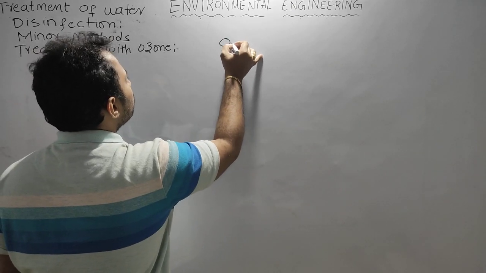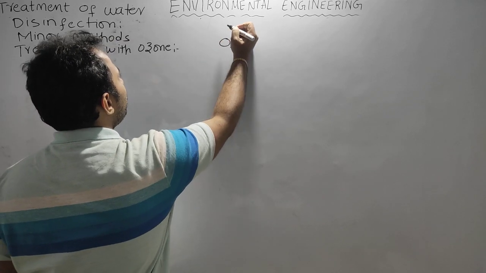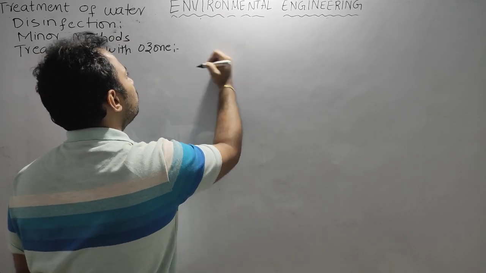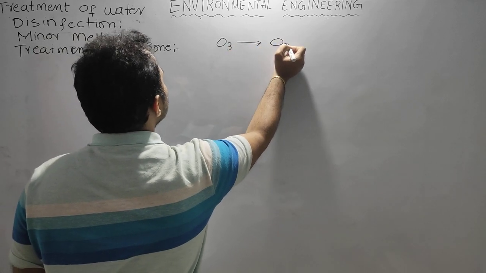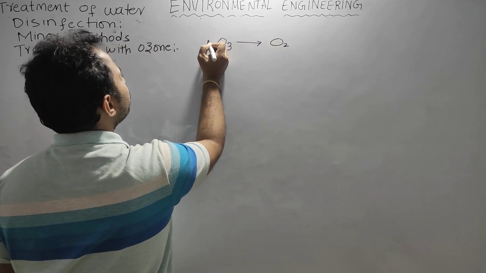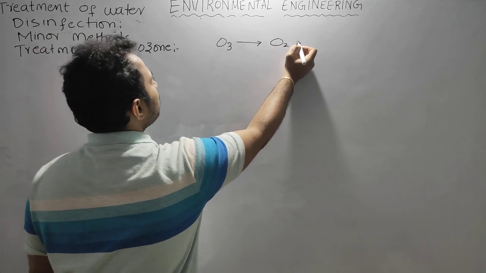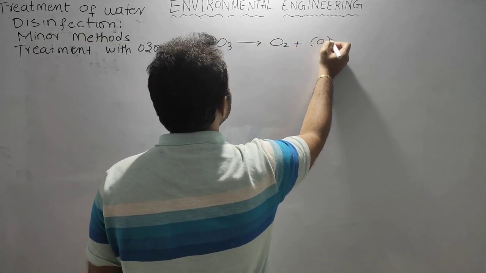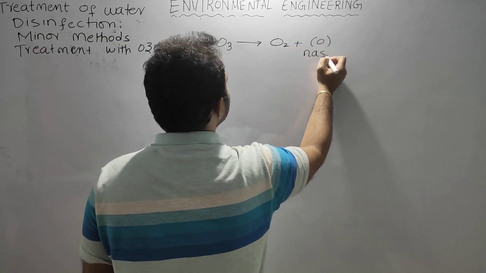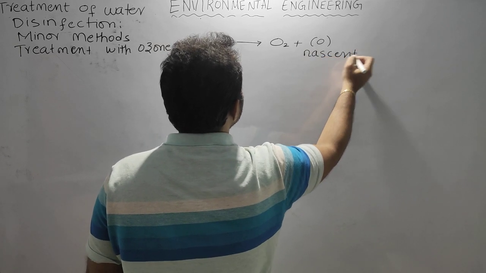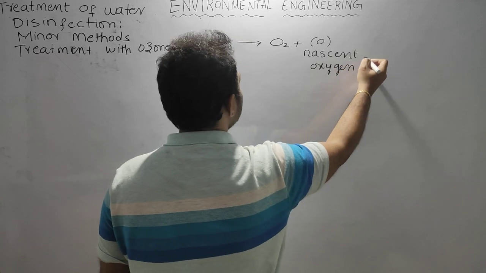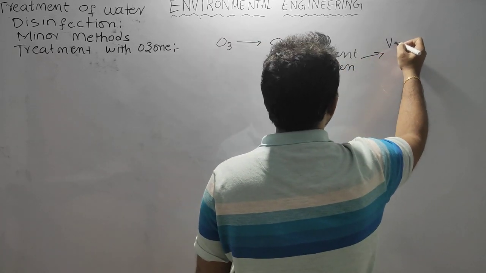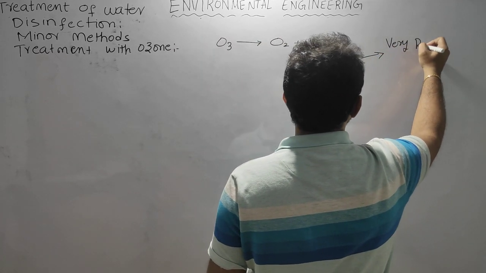When O3 is present, O3 disintegrates into O2. So 2O3 gives O2 plus nascent oxygen. This nascent oxygen is a very powerful disinfectant.